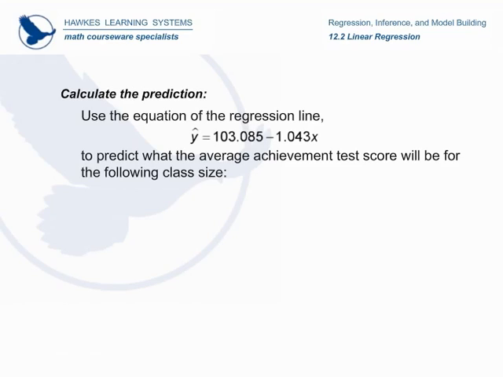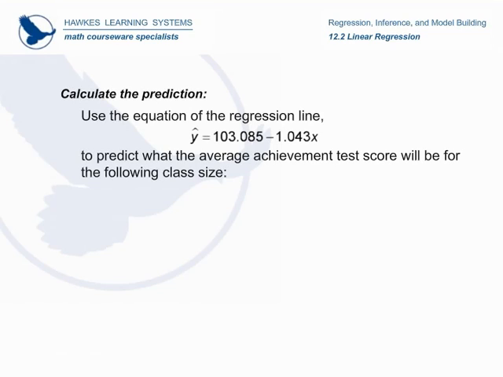Now let's take a look at some examples where we use our information to calculate a prediction. So we're going to use the equation of the linear regression. We've got y hat, meaning it's a predicted value of the dependent variable, equals 103.085 minus 1.043x.